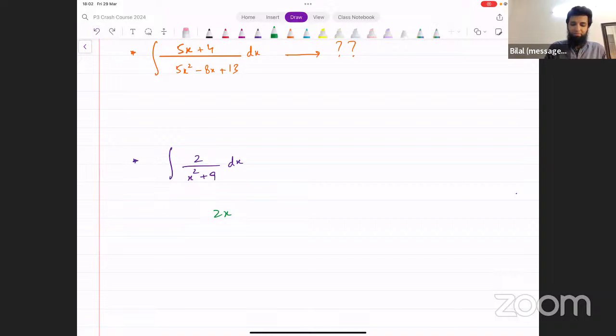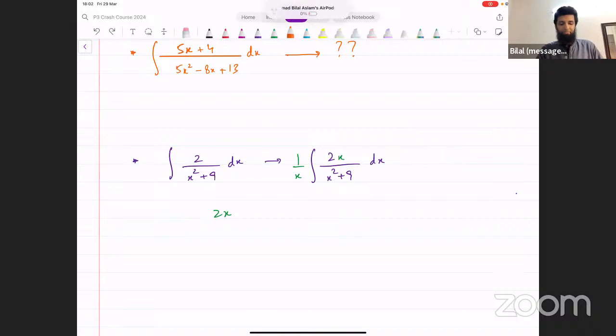We might think of doing this: 2 over x squared plus 9, into x and then divide by x. But this is not going to work.